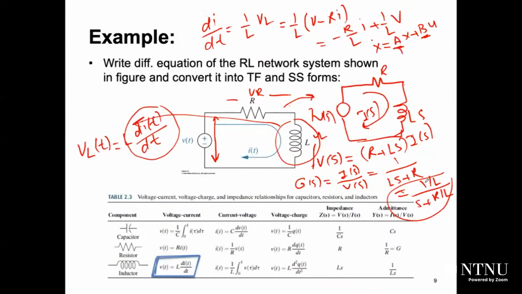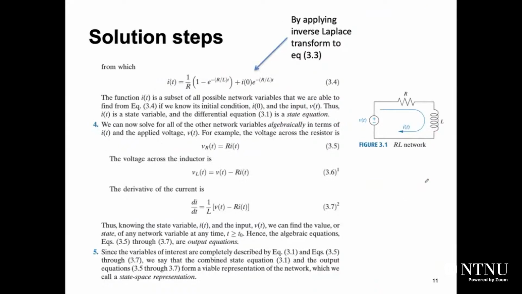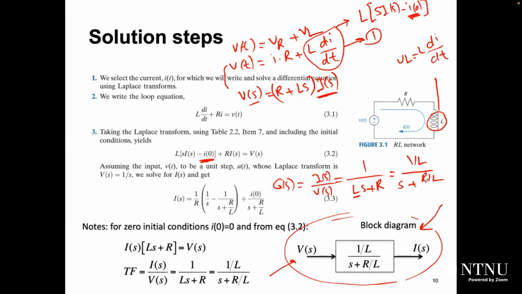And if we need to solve the differential equation, we need to get a value for I of t, right? So if we need to solve this one, just cross multiply, right? For this equation, do some cross multiply.